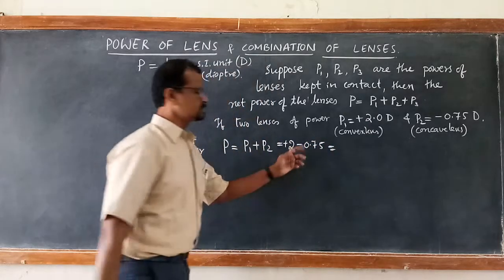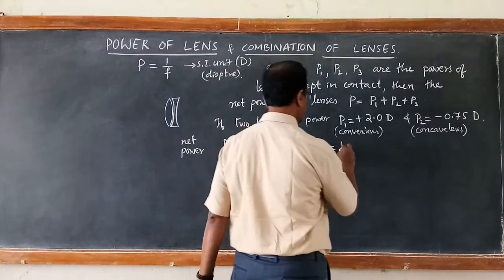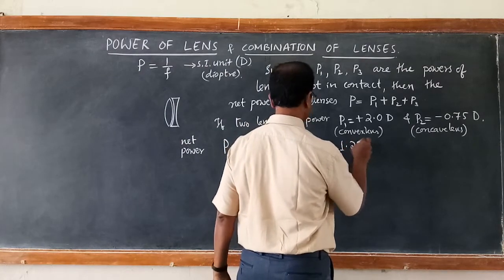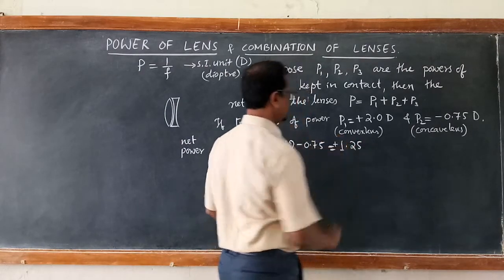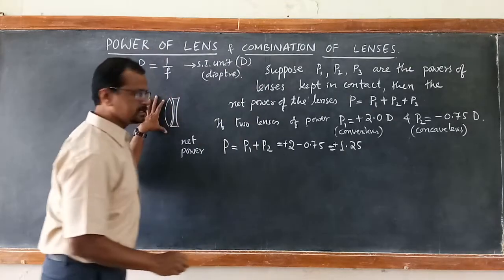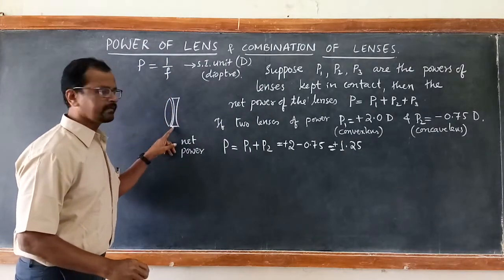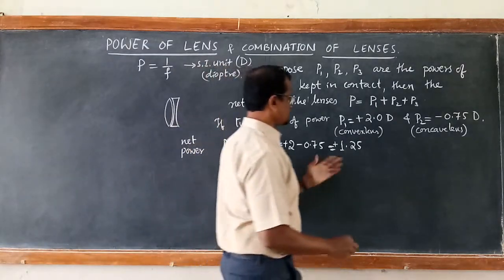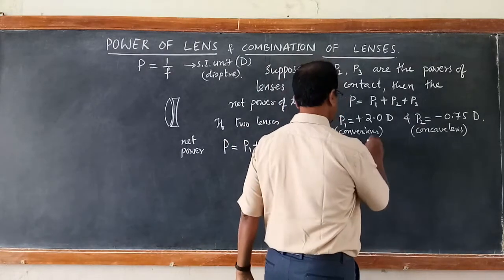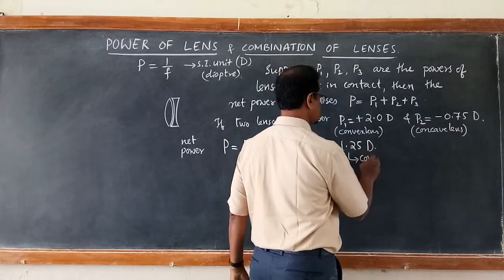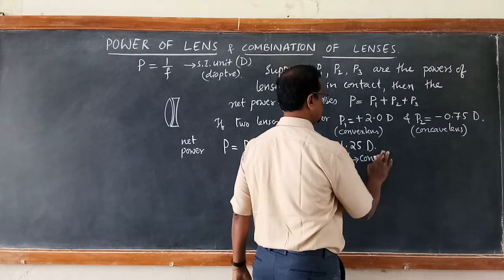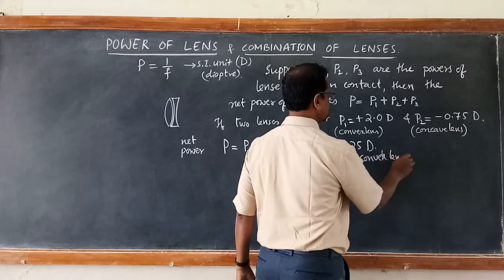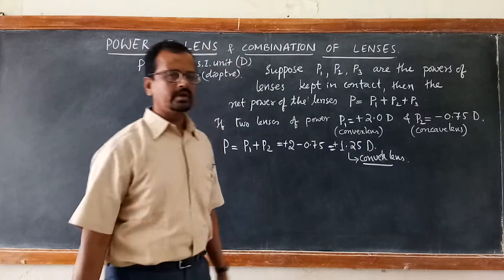So thus it becomes plus 1.25. Such combined lenses, although it is having concave lens here, the combined lens kept in contact with each other acts as convex lens. Convex lens of 1.25 diopter.